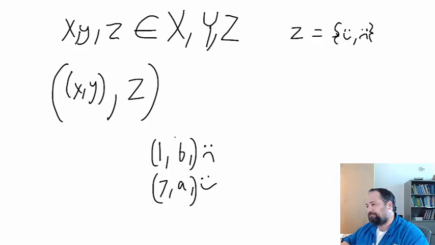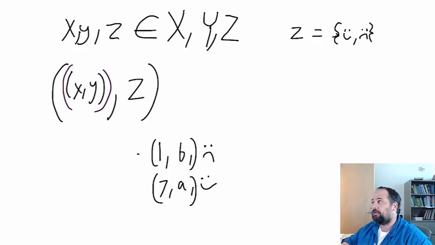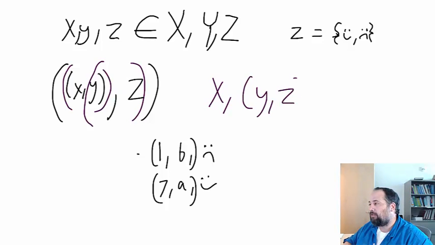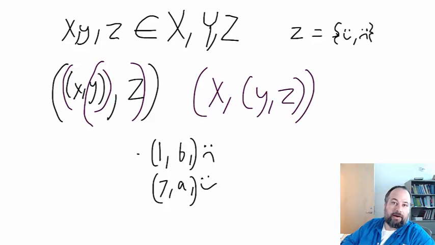Now, question. Does it matter if we put parentheses around the first tuple or around the second tuple? That is, if we had x comma y comma z, does it matter? No, because we can apply rules 1 and 2 just the same. It's just that we apply them within that second set of parentheses instead.